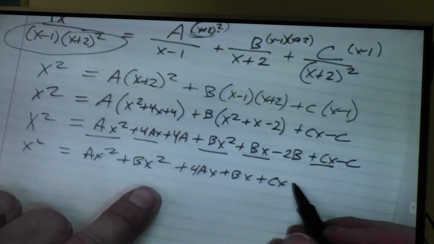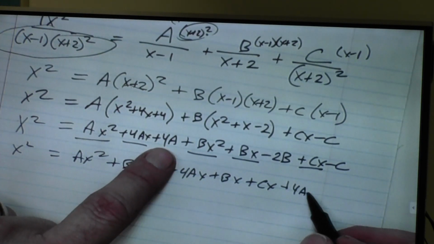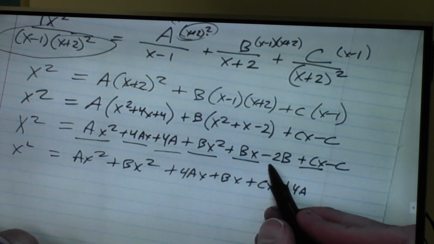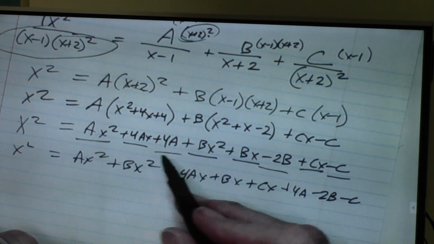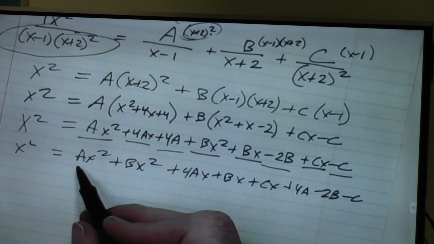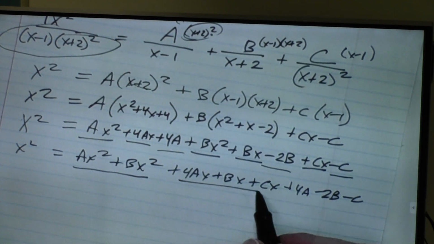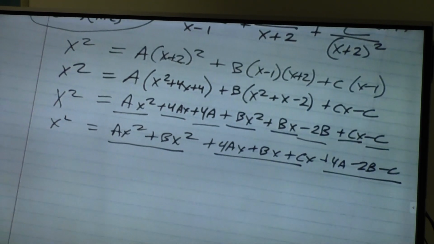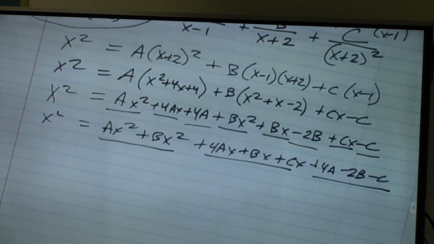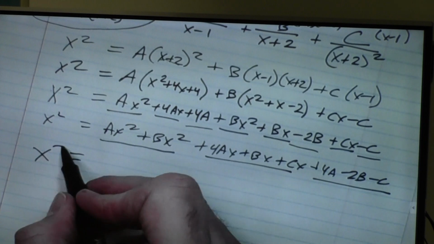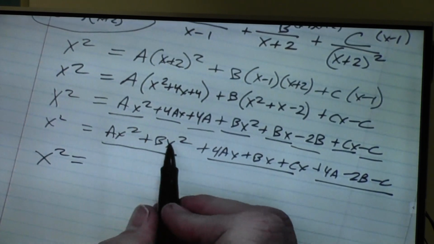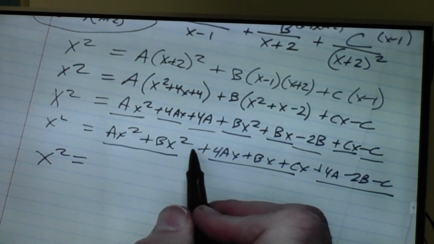And then the ones without any x's, plus 4a, minus 2b, minus c. And then I can see that I used them all up. So this is a set, this is a set, and this is a set. By putting these together as a set, keep that x squared here, now for these, I can take the x squared out.